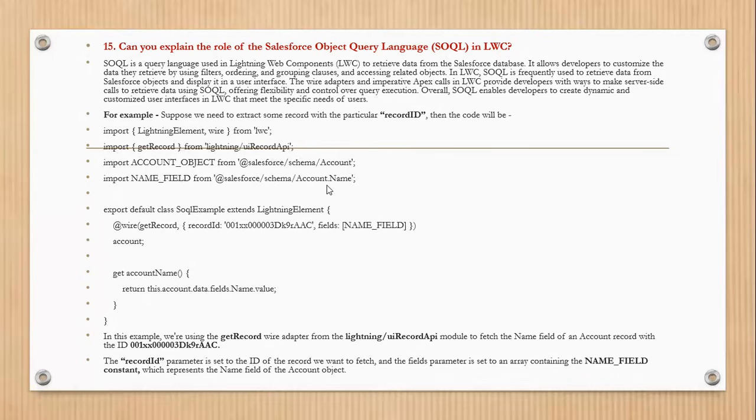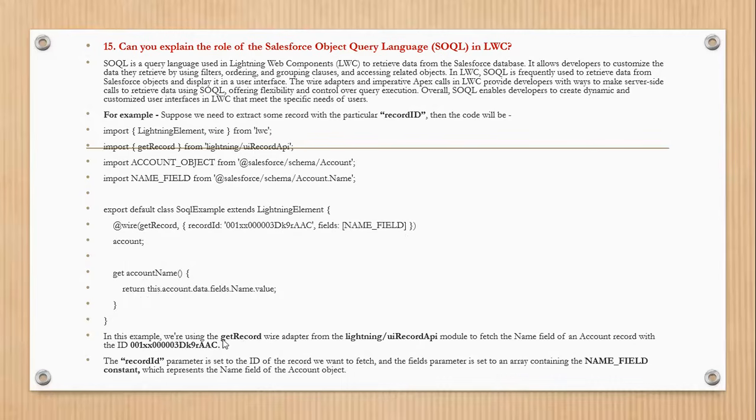Export default class SOQL example extends LightningElement, with the wire getRecord and recordId, and the fields accounts. The getAccountName returns the account data fields name value.